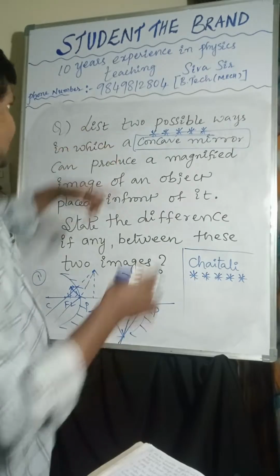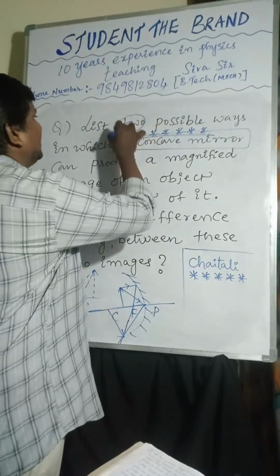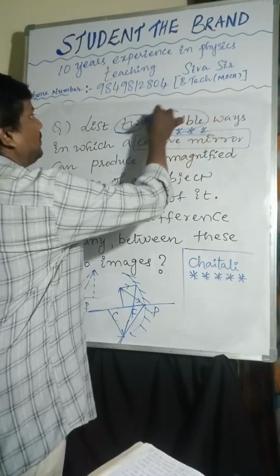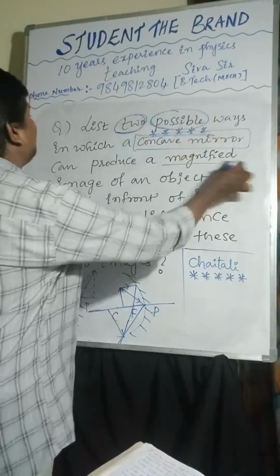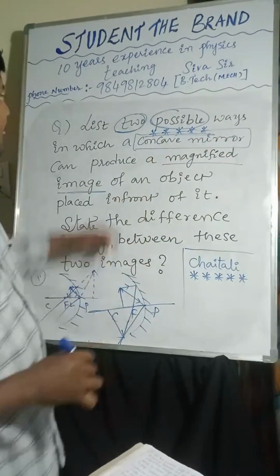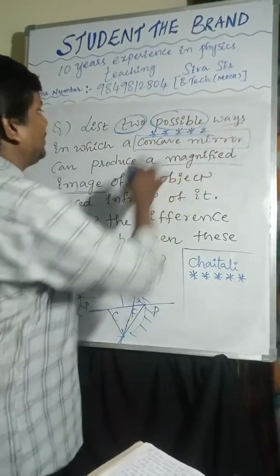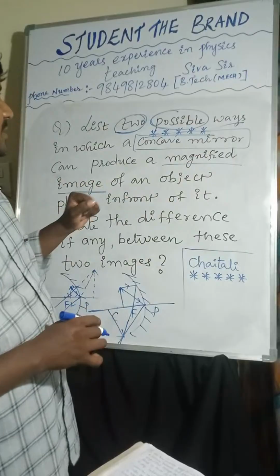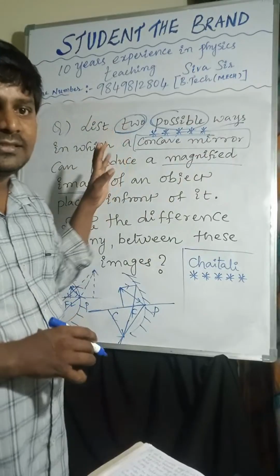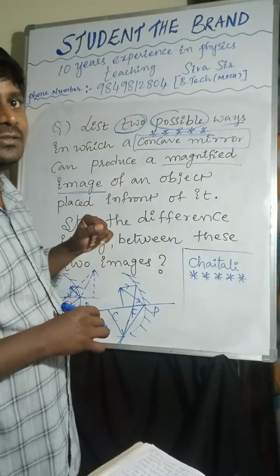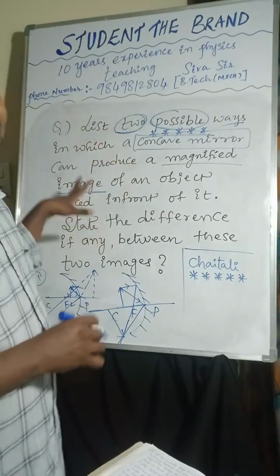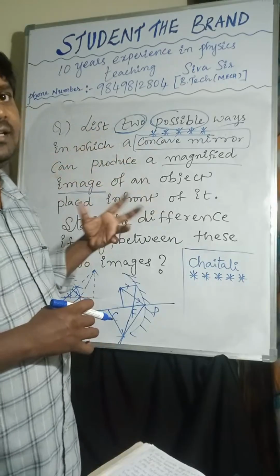Two possible ways, they mentioned. Concave mirror, magnified image, two possible ways. You have to underline these, then you can get the answer in an easy way.